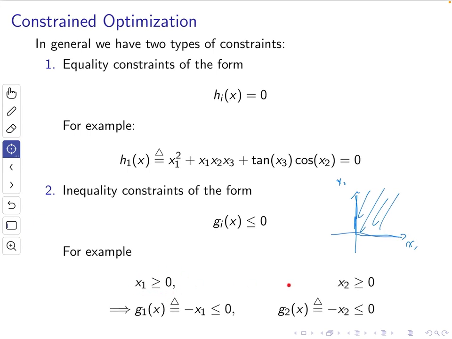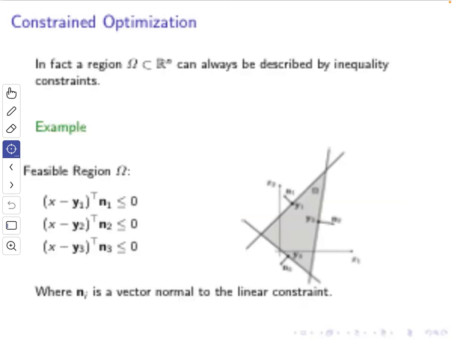We could write it in this form by saying x1 greater than or equal to 0 means minus x1 is less than or equal to 0. So g1 would be minus x1, and g2 would be minus x2. We can always write it in this form, g_i less than or equal to 0. Equality constraints are always written with equal to 0, and inequality constraints are always written with less than or equal to 0.